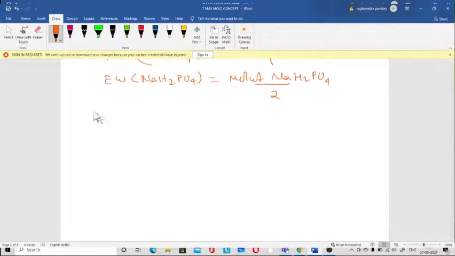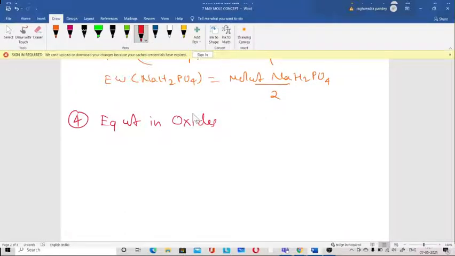Then comes the third category. I should write, fourth actually it is. So the fourth one is equivalent weight in oxides.